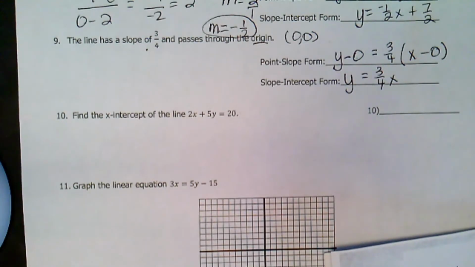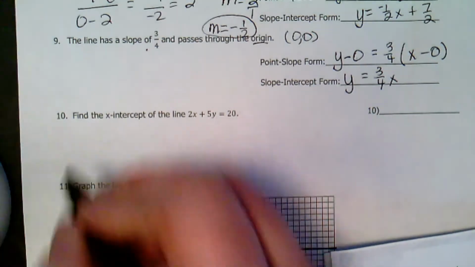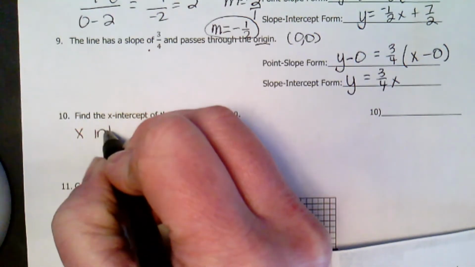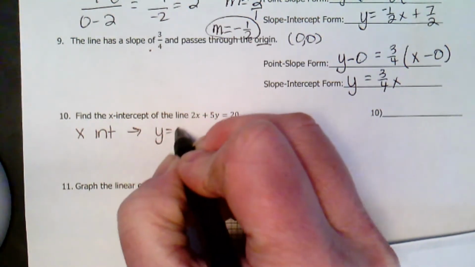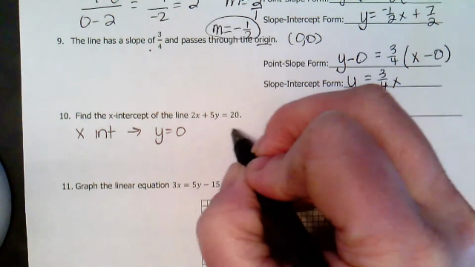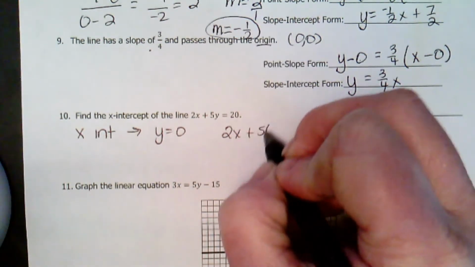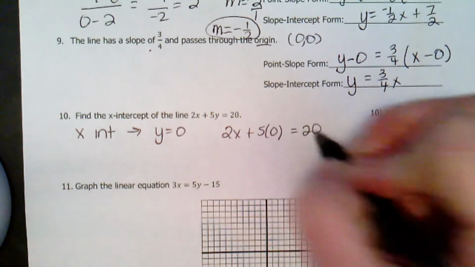Number 10, find the x-intercept of the line 2x plus 5y equals 20. So remember, when you're finding your x-intercept, your y equals 0. So all you're going to do is replace your y with a 0 and solve for x.